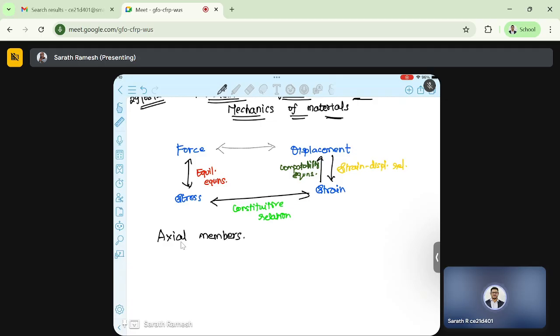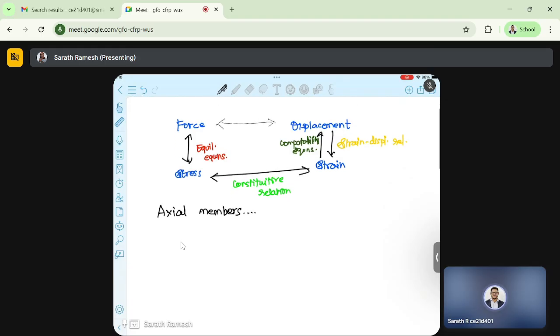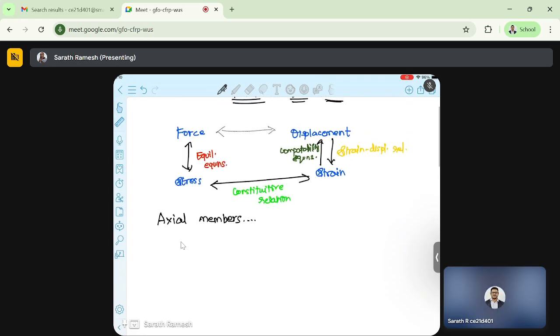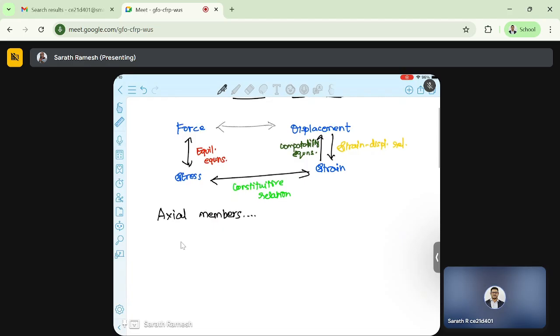Then we will be having flexural members, then members subjected to torsion, then cylinders, the columns, the lot of things which is upcoming. So this week we'll focus on how to solve the problems related to axial members.